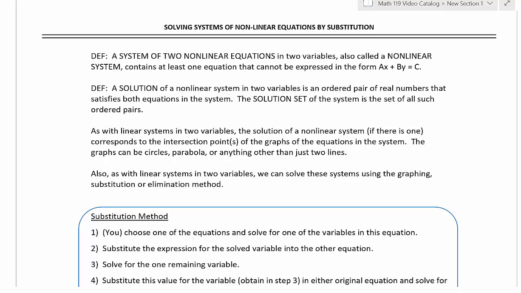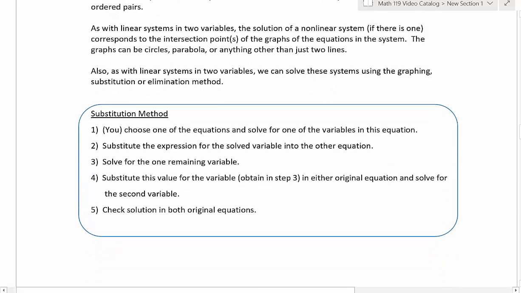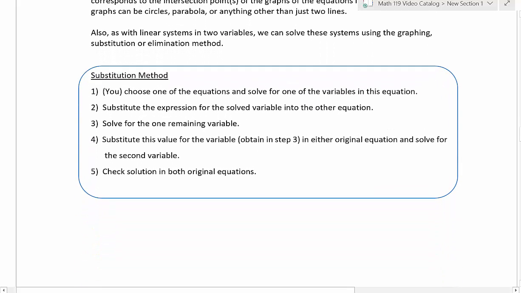So we're going to discuss algebraically how to solve these systems, because when you're graphing things other than just two lines, it can be hard to just look at the graph and identify the points where the two graphs intersect. Well, one of the things I love the most about math is the overarching procedure does not change even when the problem gets more complicated.